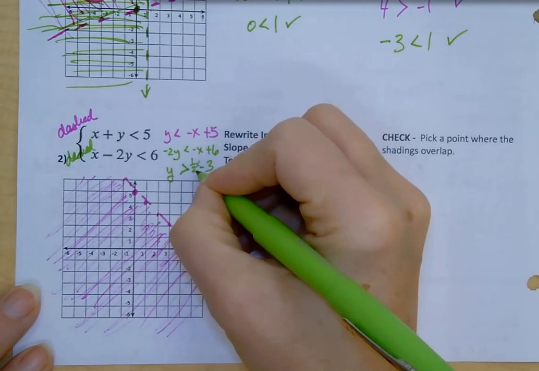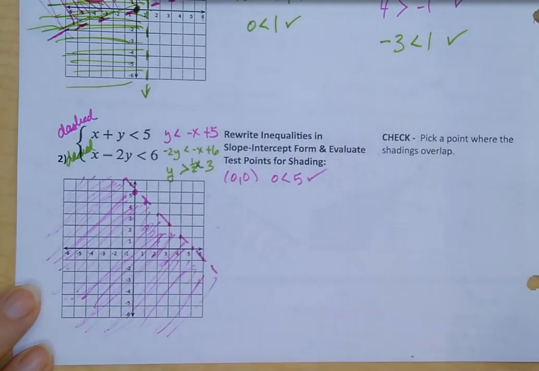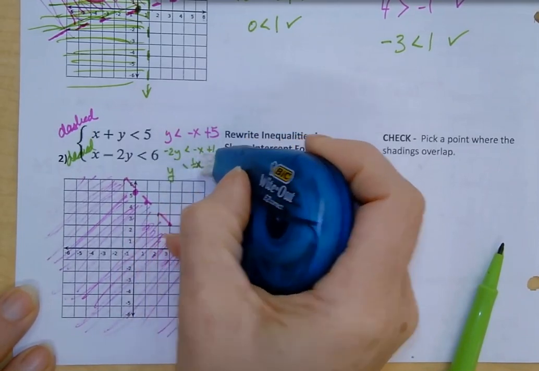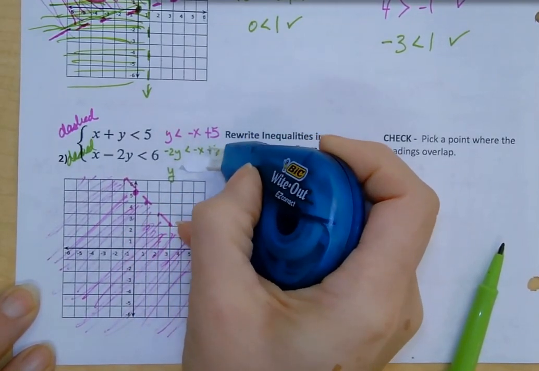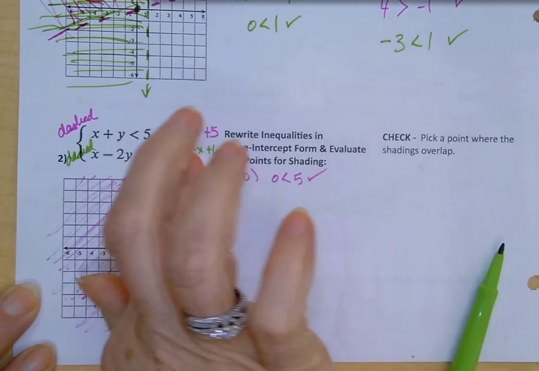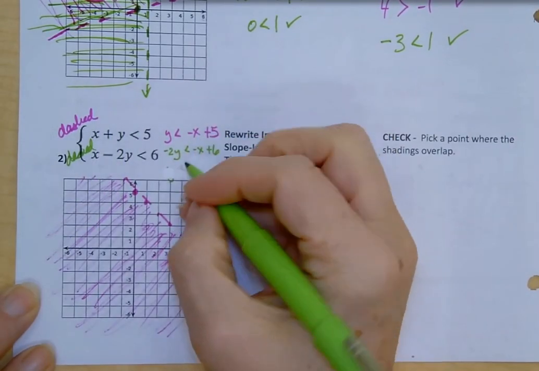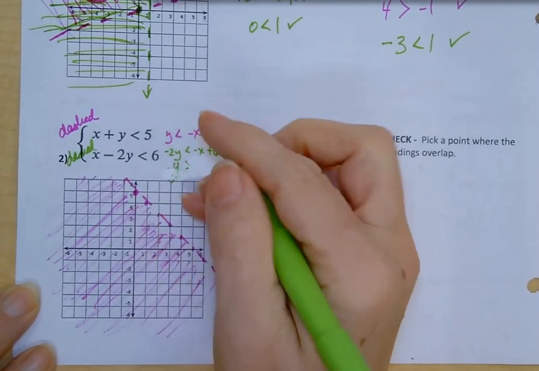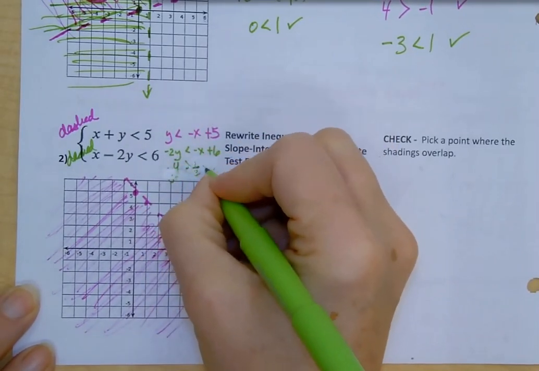Yes, I do know that I need my x. I did not lose it. That is y is greater than 1/2 x, minus 3. Remember, I switched my sign because I divided by a negative.